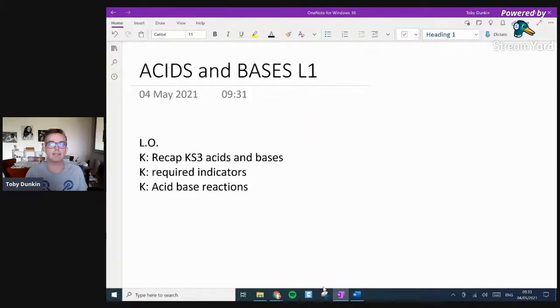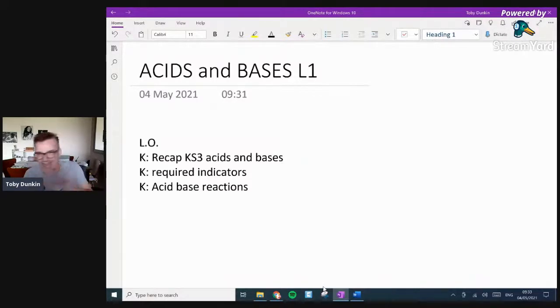You pick up neutralization, you pick up different indicators, you pick up the basic acid plus alkali gives you salt and water.